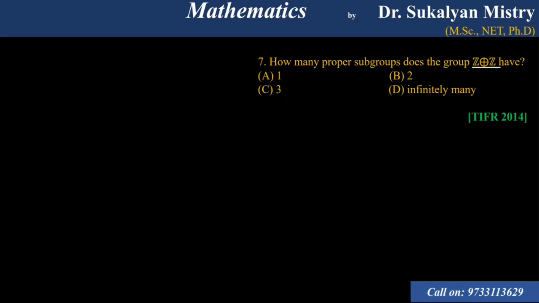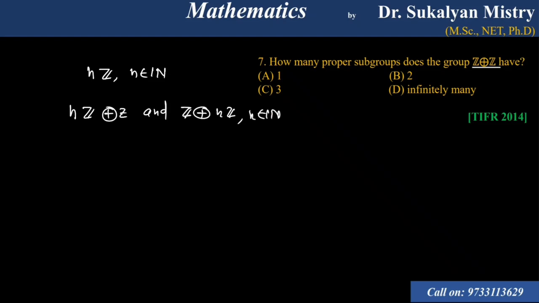We know that the subgroups of Z are of the form nZ, where n belongs to N. So there are infinitely many subgroups of Z cross Z of the form nZ cross Z and Z cross nZ, where n belongs to N.